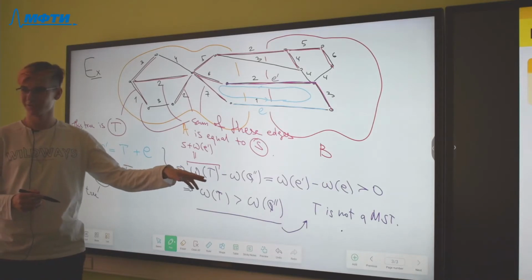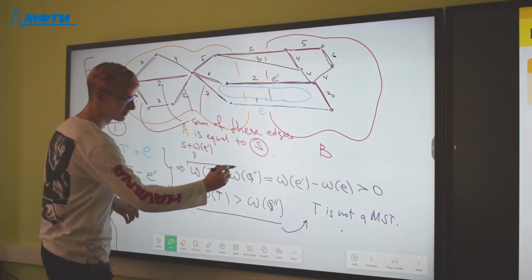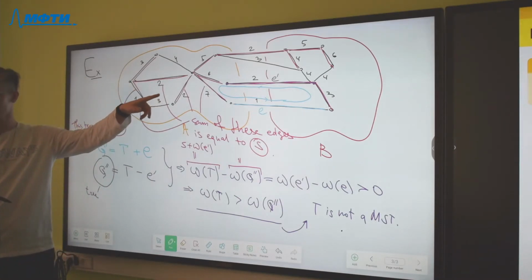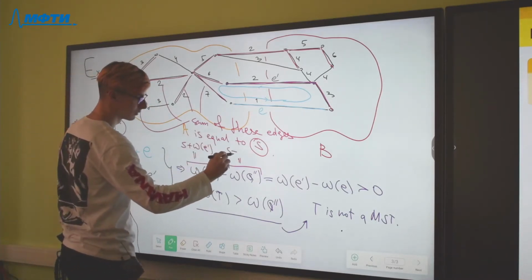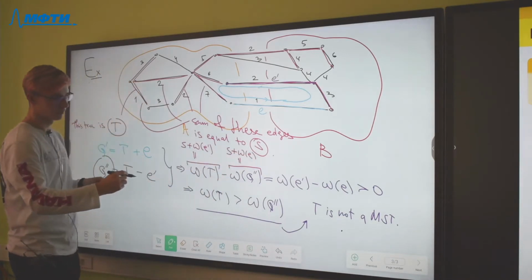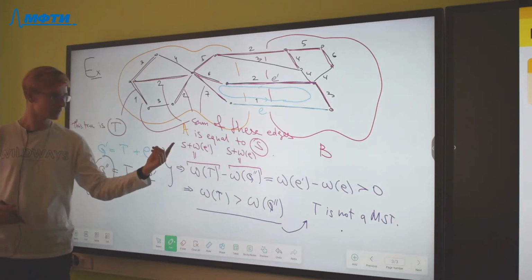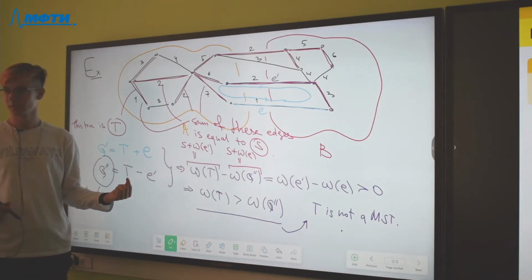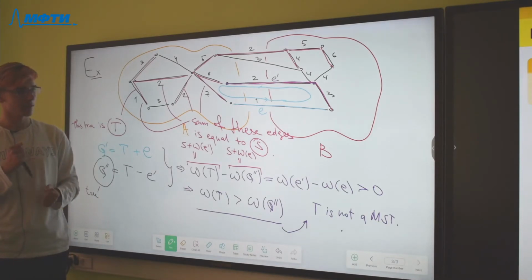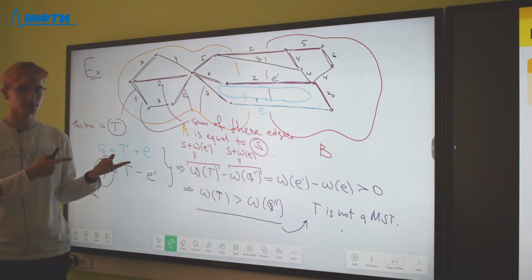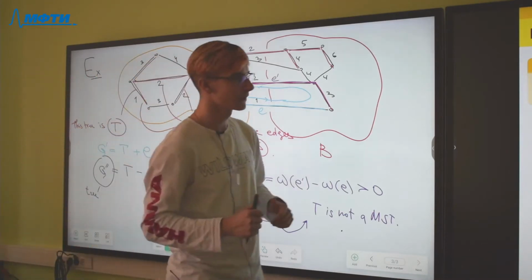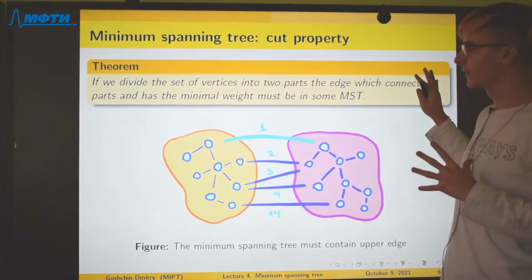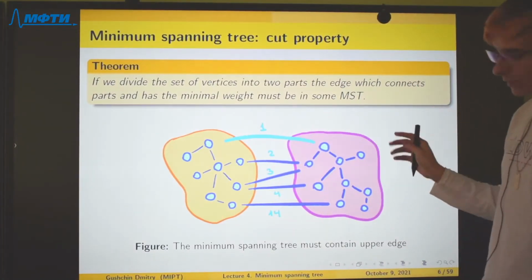The weight is equal to S plus the weight of e, and when we find the difference, S disappears. Yeah. Understandable? Okay. Do you have questions? No. Oh, nice. It's about the cut property, and we use this property in most cases.